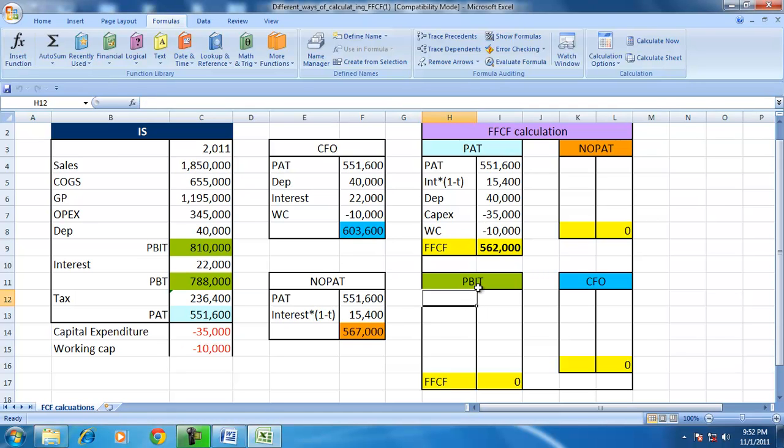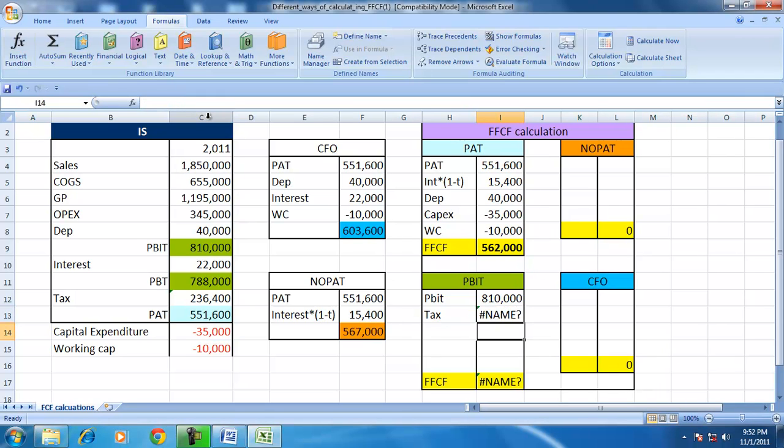We can also calculate by computing from PBIT. So PBIT is 810,000, less tax on the PBIT, 30% of that, 0.30, so 243,000. Let me make that a negative number.